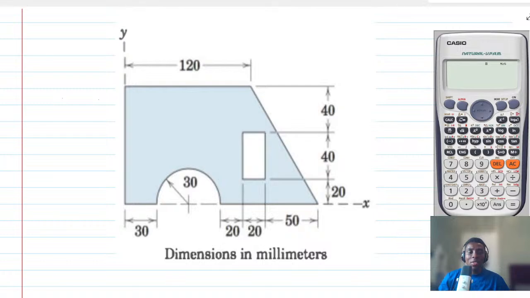So how many areas do you see? Please type it. How many areas do you see in the question? Or how many regular areas do you see in the question?